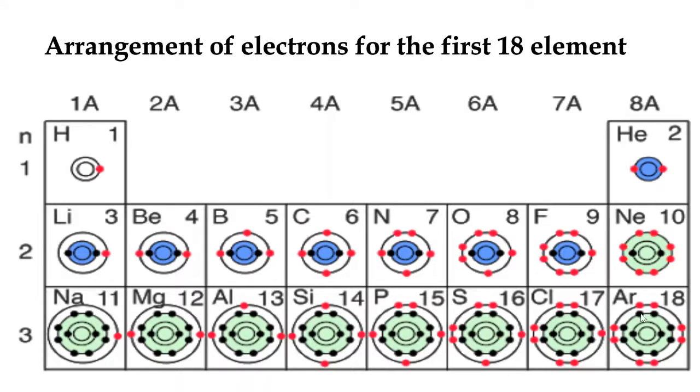The remaining electrons go into the third orbit, whereas the capacity of the third orbit is around 18 electrons. It can accommodate 18 electrons. But for argon we have got only 18 electrons, so 2 in the first shell, that is K shell, 8 in the second shell, which is L shell, and the remaining 8 in the third shell, which is M shell.